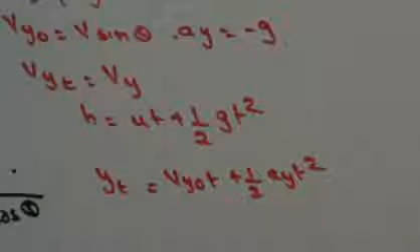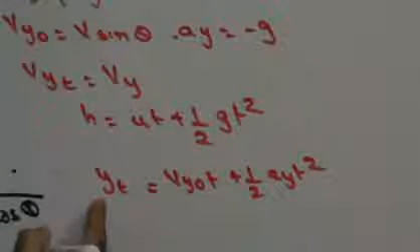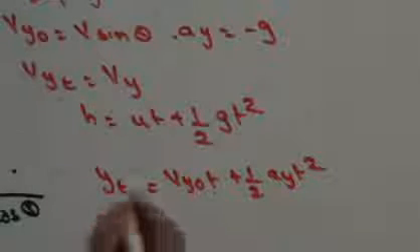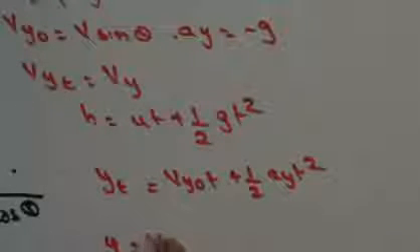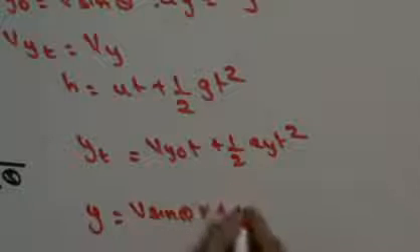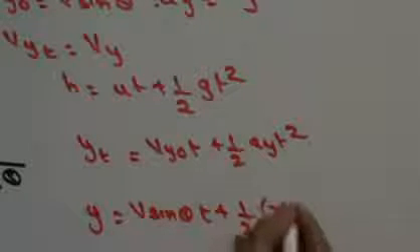Now the distance covered along the y-axis in time t is y, which is equal to the initial velocity along the y-axis, V sin theta, into t, plus half into minus g into t square.